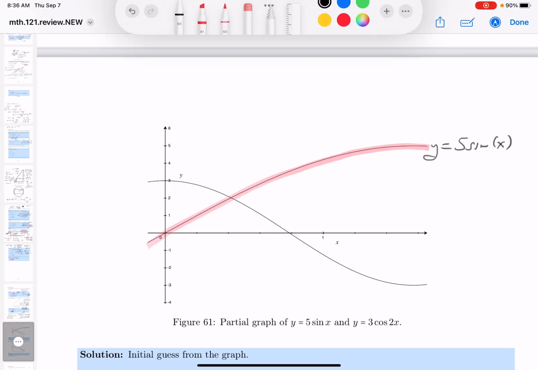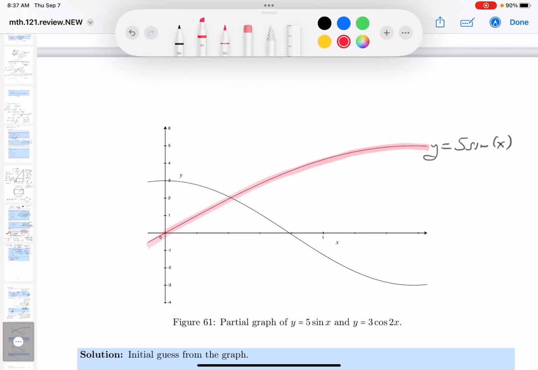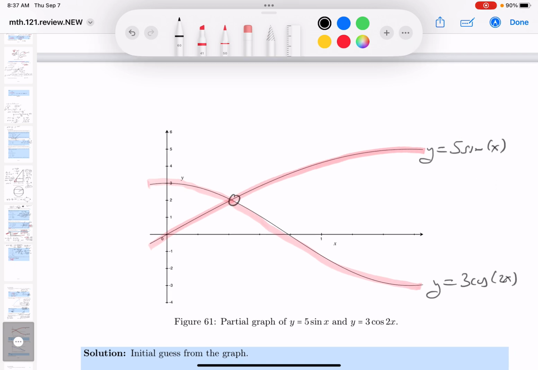And then I got another graph over here. That's going to be y equals 3 cosine of 2x. I'm looking between where x is 0 and pi over 2, so I graph this only between 0 and pi over 2. Pi over 2 is like 1 point something. Actually, I went beyond that.